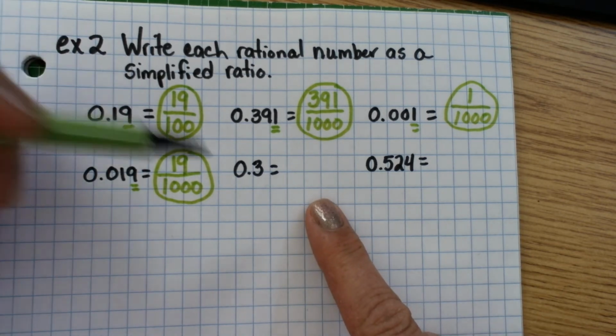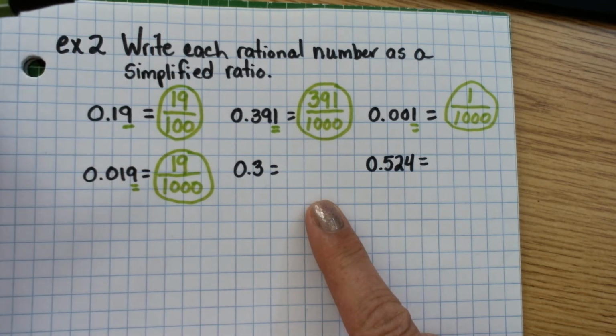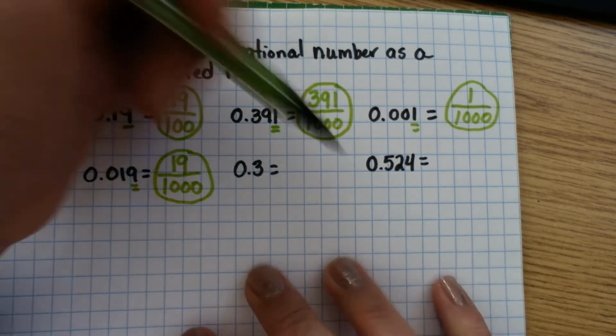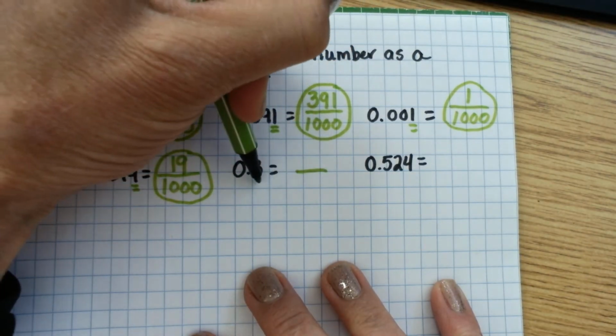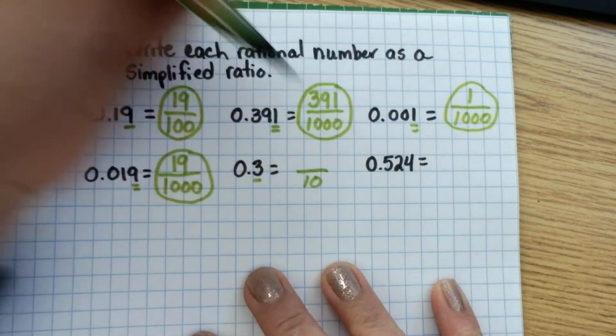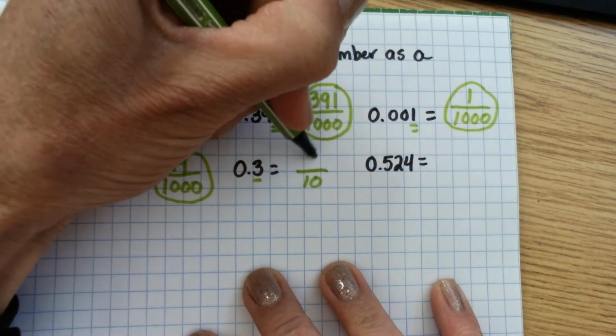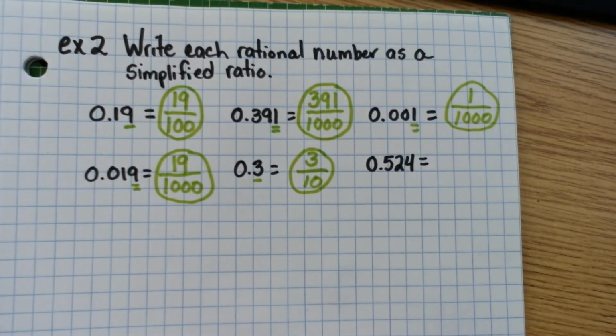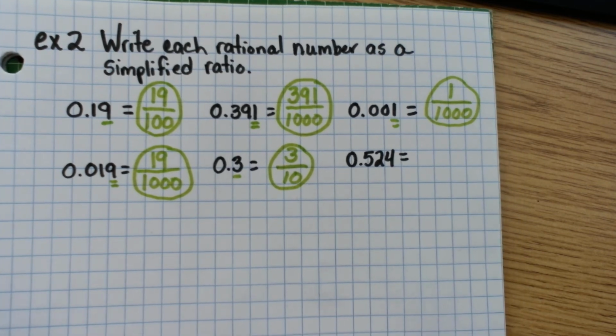Next one, we have 0.3 or 3/10, and if you say the decimal number mathematically accurately, you hear what the fraction should look like, 3/10. 3 is in the tenths place, so 10 is our denominator. We have 3 of those, and that cannot be simplified any further.